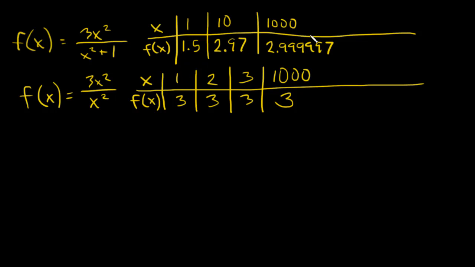But as I head out to x values that are getting larger and larger and larger, I'm going to get closer and closer and closer to 3, because this 1 doesn't really matter that much once the x values get large enough. Okay? So as I head out to positive infinity, guess what my value that I'm approaching is going to be? 3.